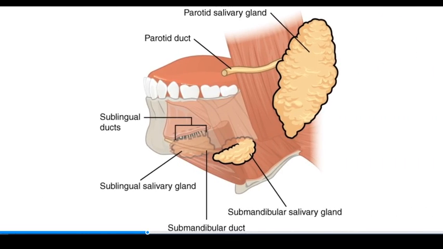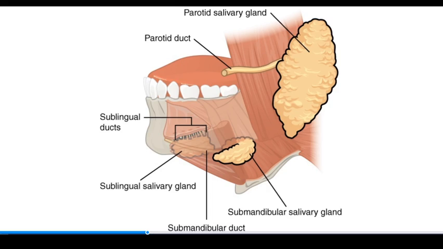This image shows the location of the salivary glands, which are outside of the oral cavity and secrete saliva into the oral cavity to mix with the food as it's being chewed, starting to liquefy the food. The parotid salivary gland is superficial to the muscles that move the mandible, located just anterior to the ear canal.